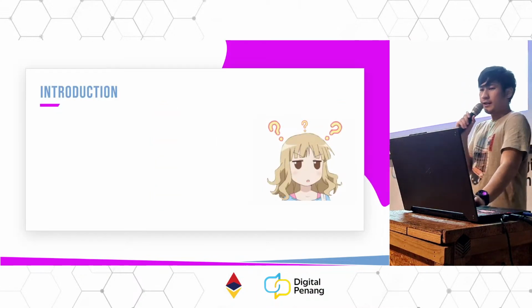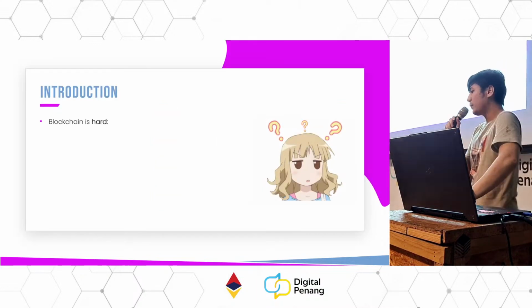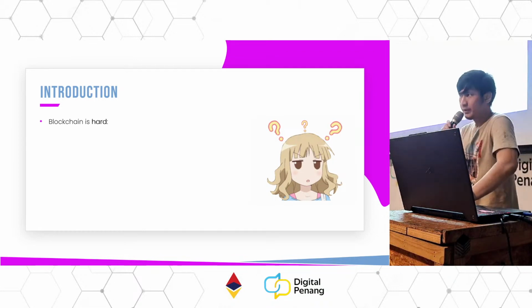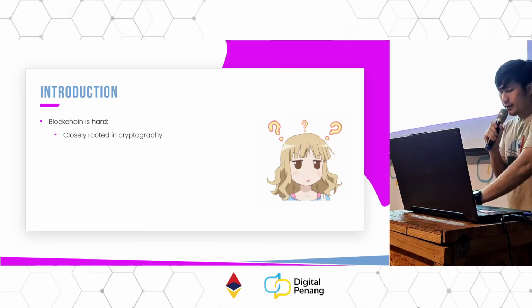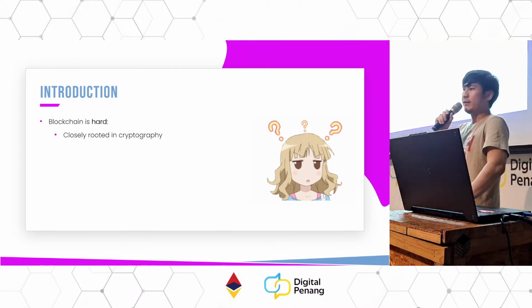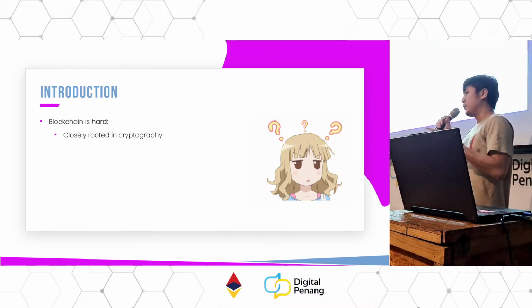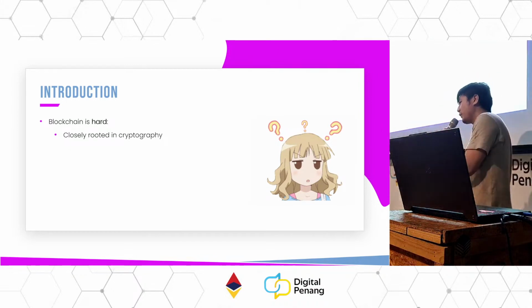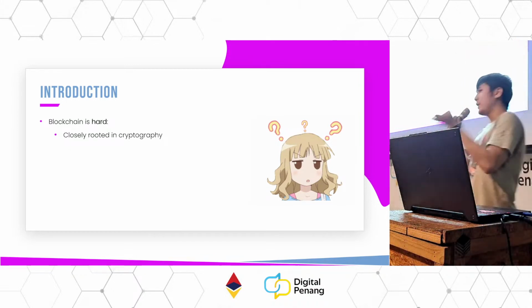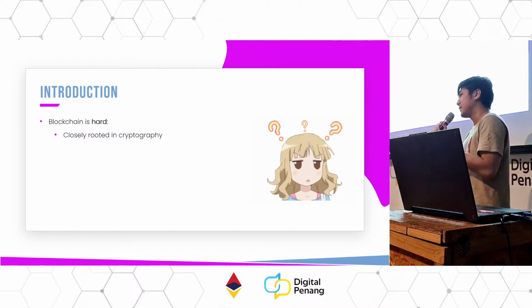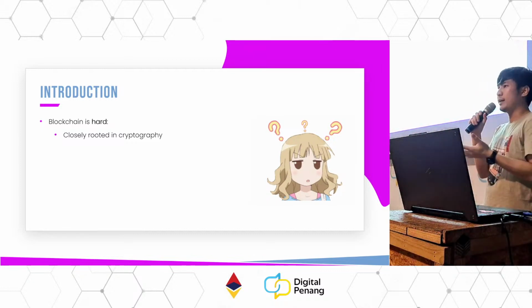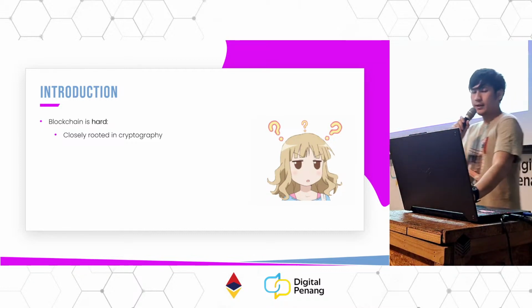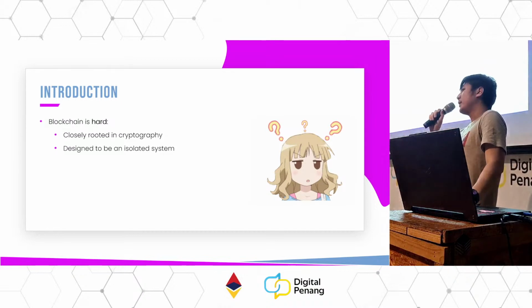Okay, so first an introduction. Why do we talk about blockchain security? Because blockchain is hard. It's hard because, one, it's closely related to cryptography. The technology is so close to the user interface where users interact with blockchains and a string of characters that it's hard to understand what security practices we must do in order to protect our assets. This is also because blockchain is designed to be an isolated system.